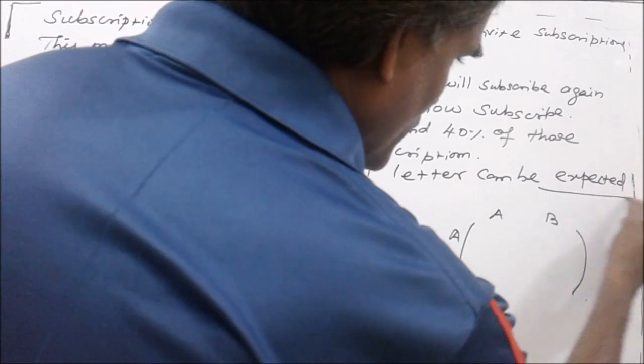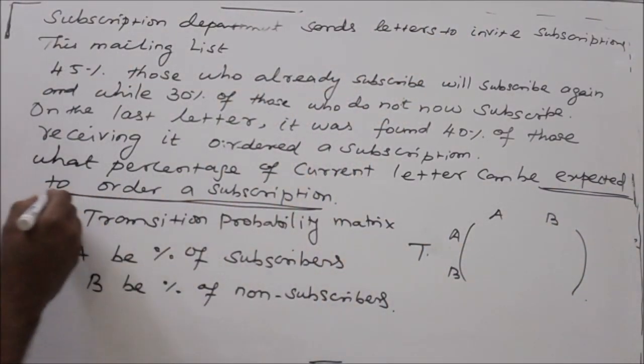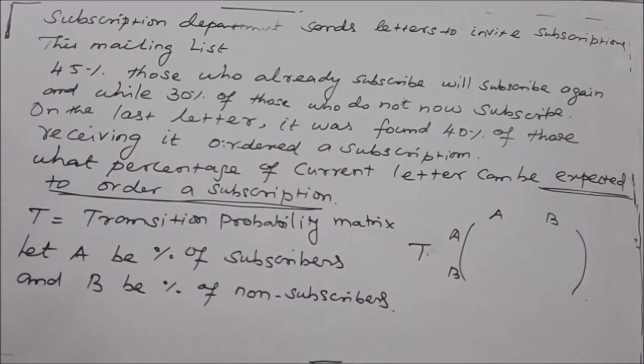This is useful to predict the future. I told you already, these typical problems will be useful to analyze the future. Okay, what is given here? A group of mailing sent to invite subscriptions by mail.